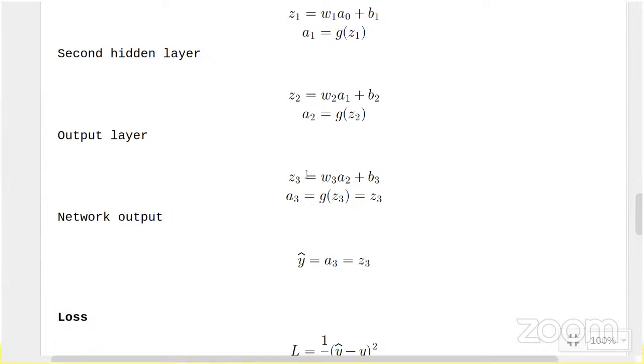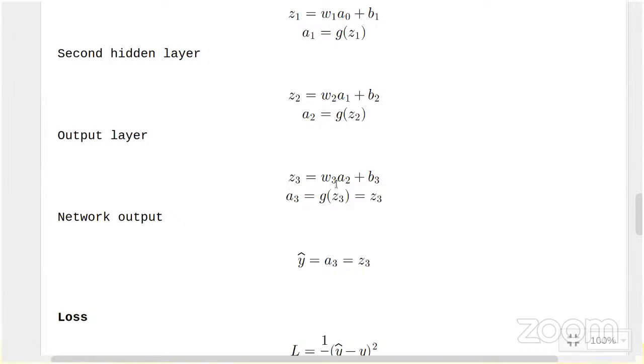Then we have to substitute A2 with G of Z2. We'll have to create another chain for that. That is dou Z3 by dou W3 into dou W3 by dou G of Z2 into dou G of Z2 divided by dou of W2. Is that how it goes?